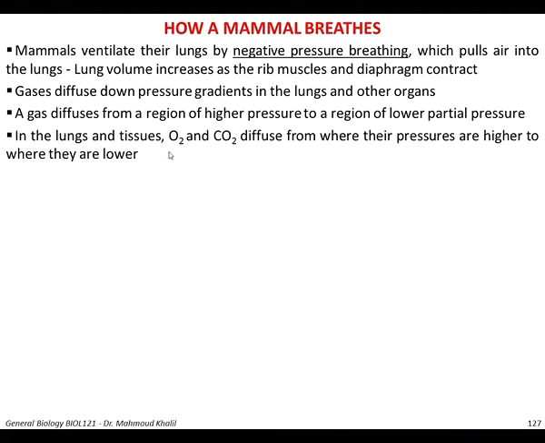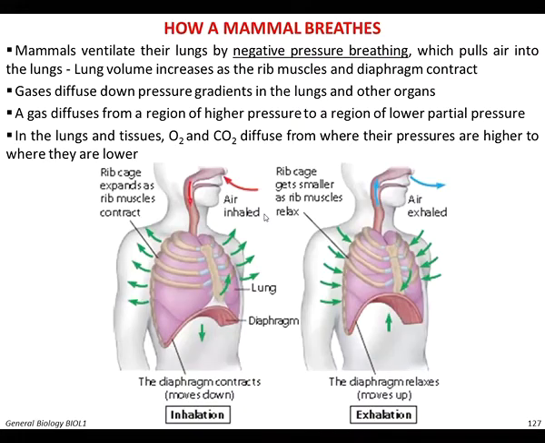In the lungs and tissues, oxygen and carbon dioxide diffuse from where their pressure is higher to where it is lower. So you can see here, once air has been inhaled, the rib cage expands as the rib muscles contract. So three events occur.